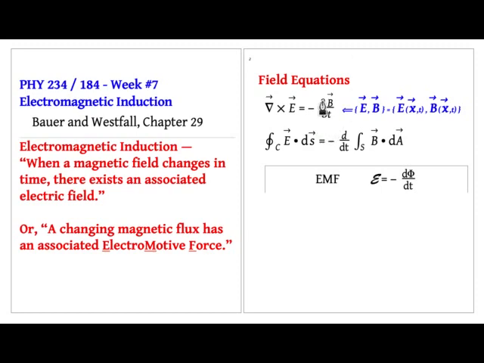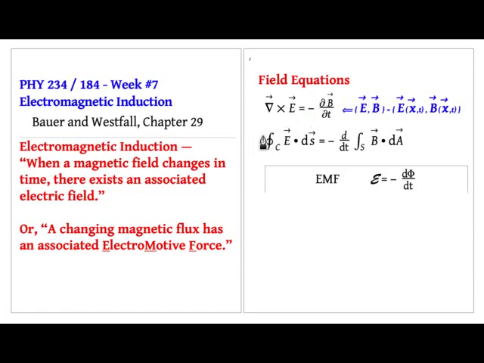Now, another way that I can write this equation, here it's written as a differential equation involving derivatives of the vector fields. I can also write this as an integral equation.